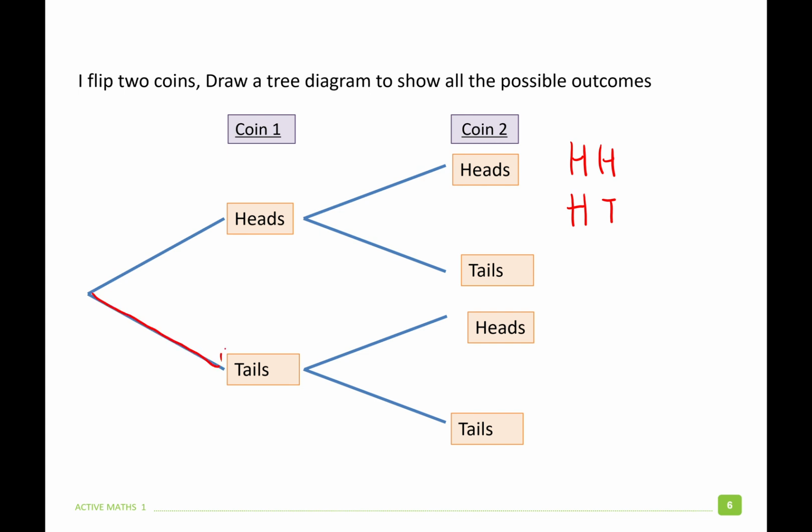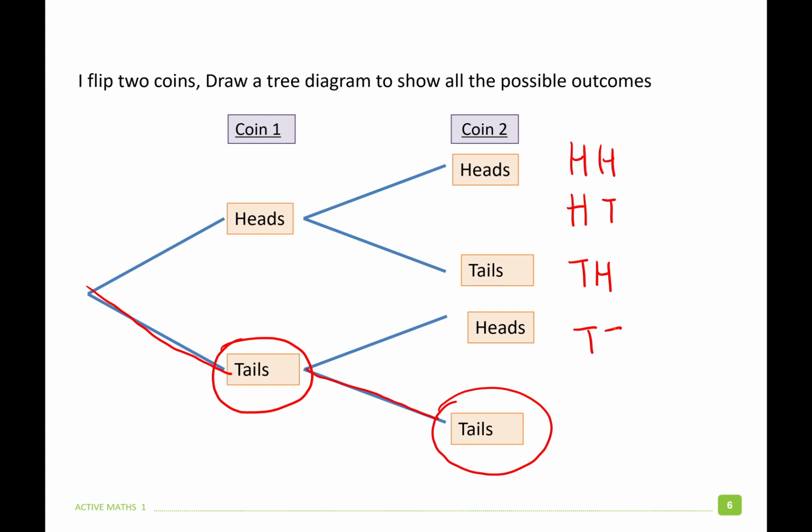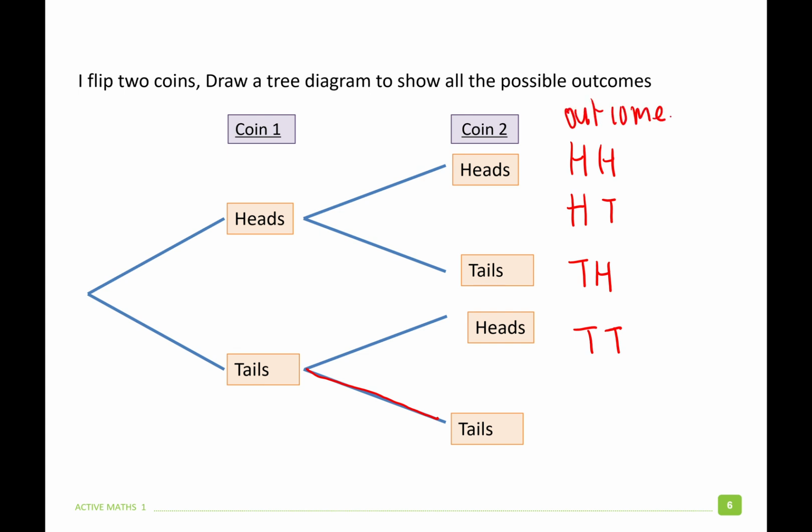Or I could flip a tail and then a head. Or I could flip a tail and then a tail. If you have not done so already, please ensure that you take down this example and list all of the possible outcomes.